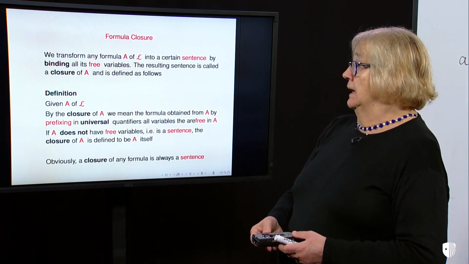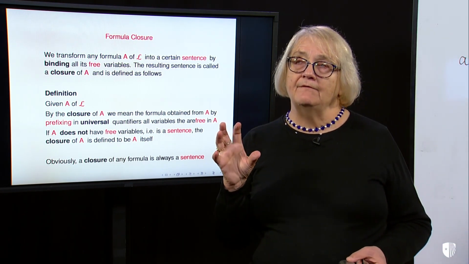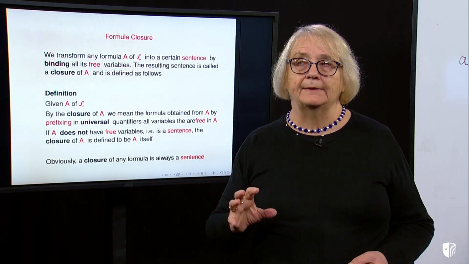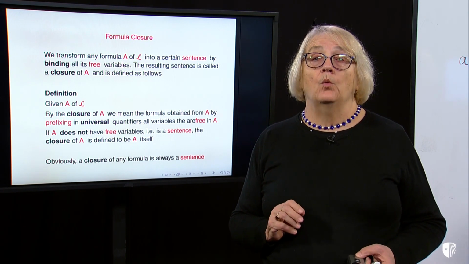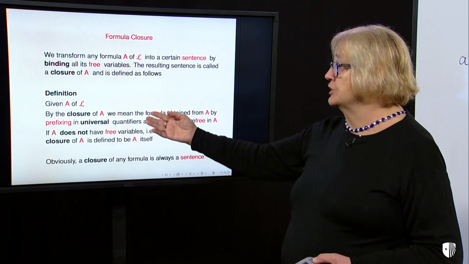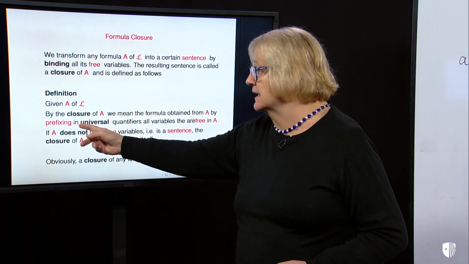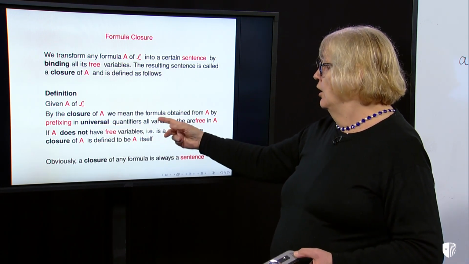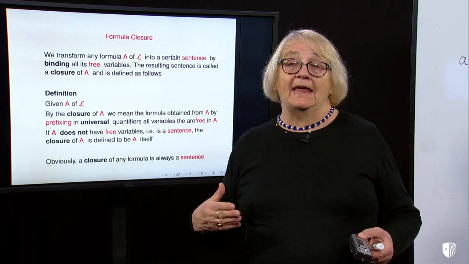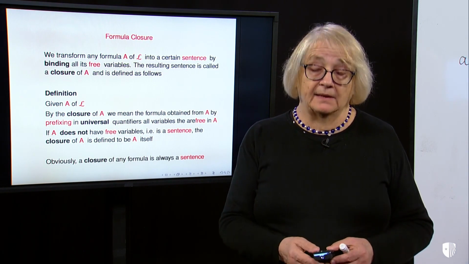And what we do, because having sentences makes the whole work a little bit faster, we define a closure of a formula. A closure of a formula means a formula obtained from A by prefixing with universal quantifiers all variables that are free in A. So if A does not have free variables, it's a sentence, and the closure of A is A itself.